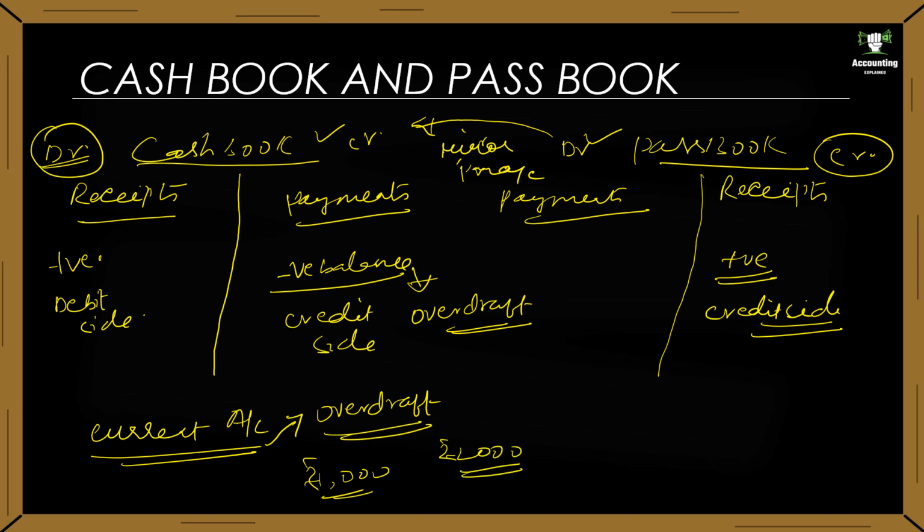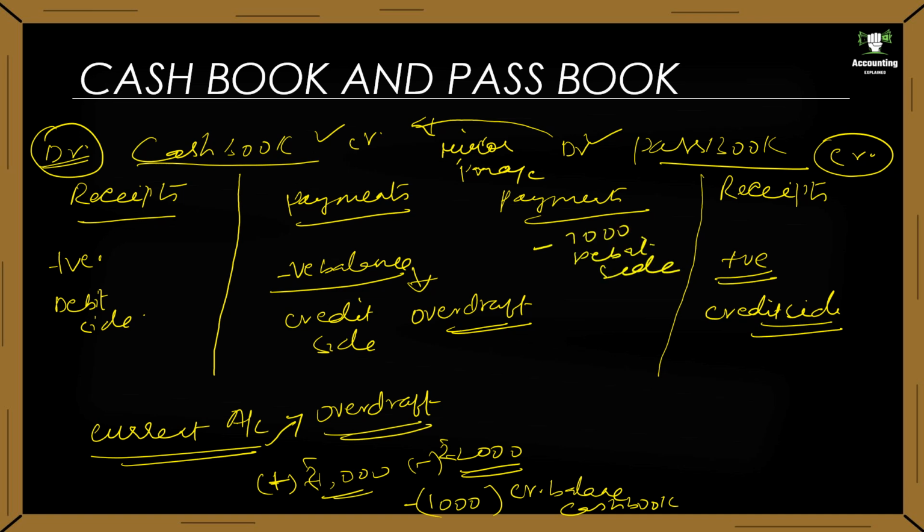Then the balance becomes plus 1000 minus 2000, which is minus 1000. That is a credit balance as per the cash book, whereas in the passbook it will be a debit balance of 1000. So overdraft, the negative balance, will be written on the debit side of the passbook.